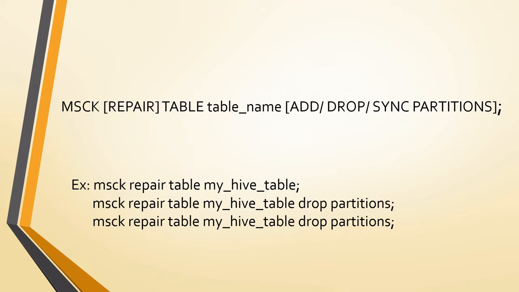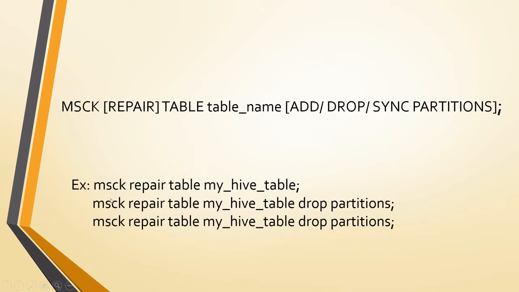By default it takes add partitions. So if you are adding partitions, there is no need to mention anything after the table name. For example, MSCK repair table and you mention your table, database name dot table name, and then a semicolon because it's Hive.